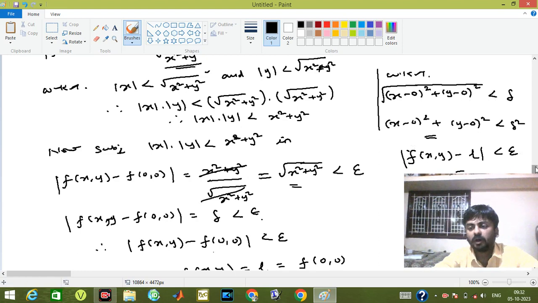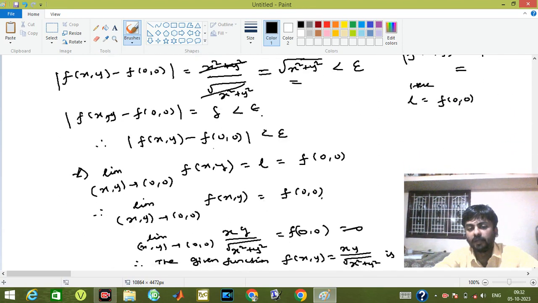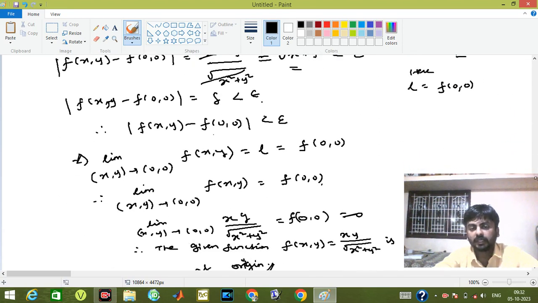After checking only we can say. So check whether you get less than epsilon, delta square, delta power 4 or delta. I think delta is not possible, so check that. If it is holding good, then we can say continuous, otherwise it is discontinuous.